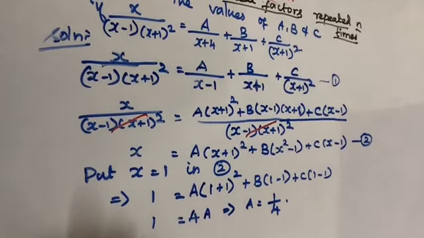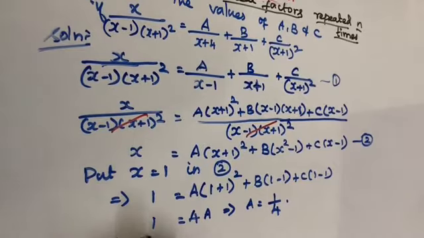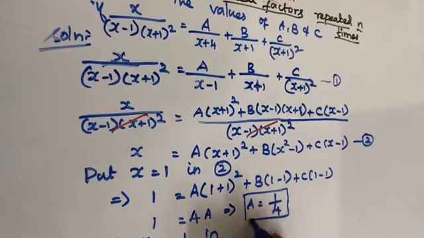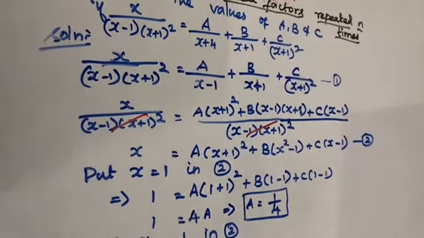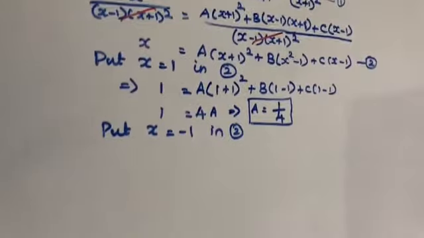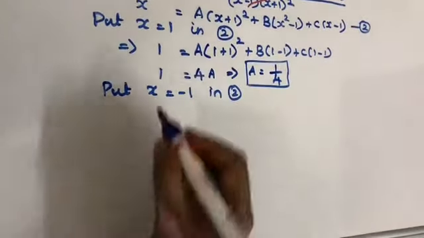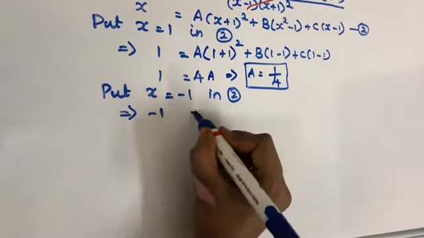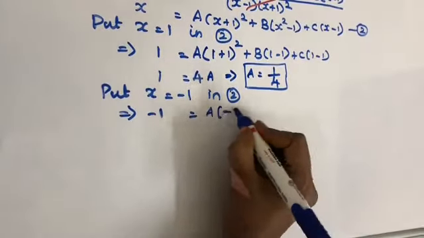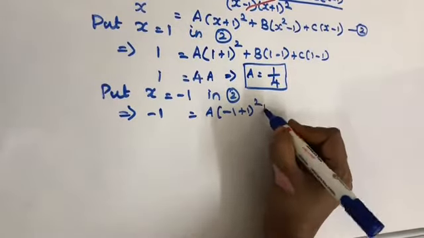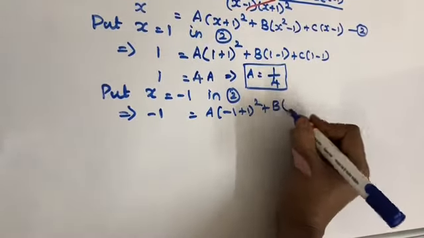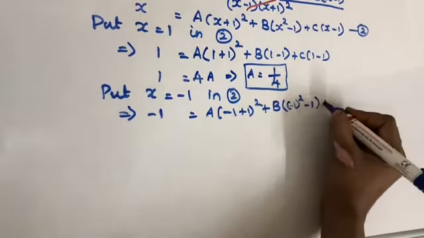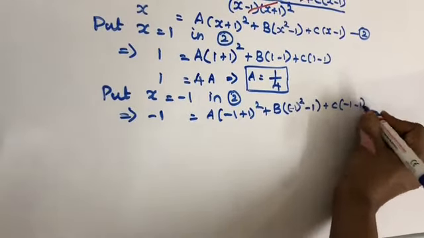Now, put x is equal to minus 1 in equation 2. That implies x is equal to minus 1: a into (minus 1 plus 1) the whole square plus b into (x square, so minus 1 square minus 1) plus c into (minus 1 minus 1).